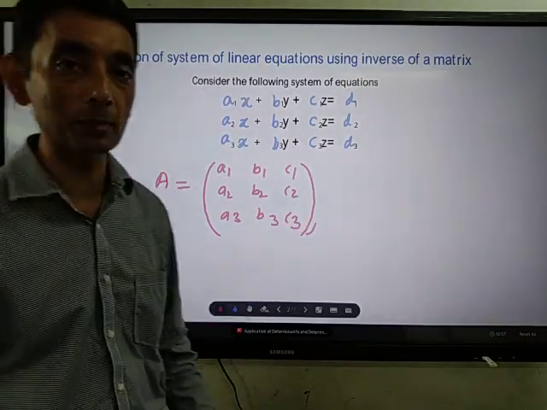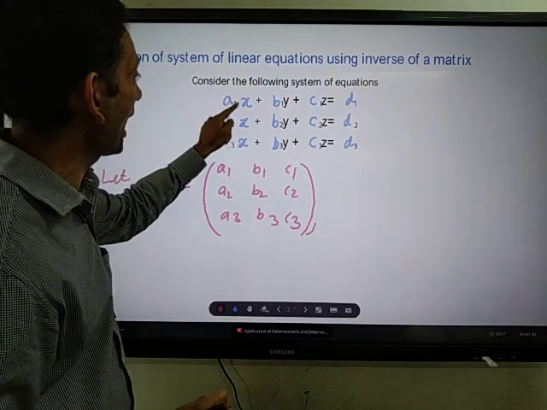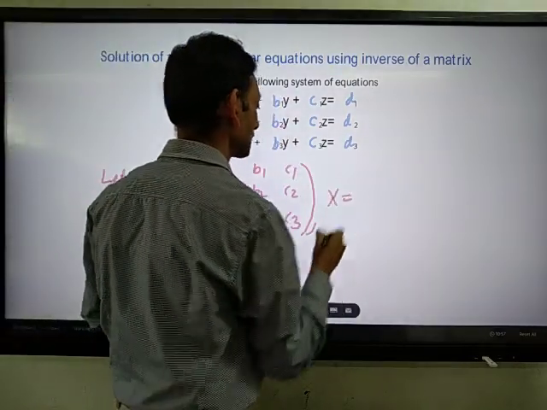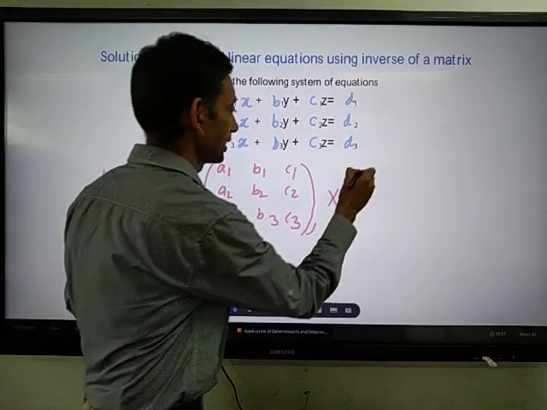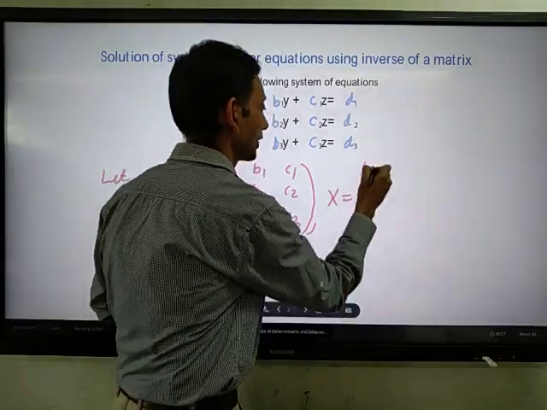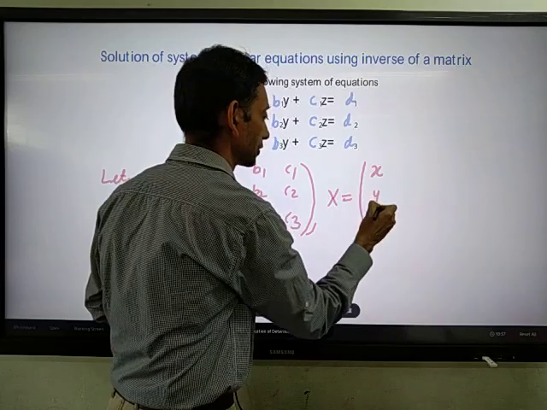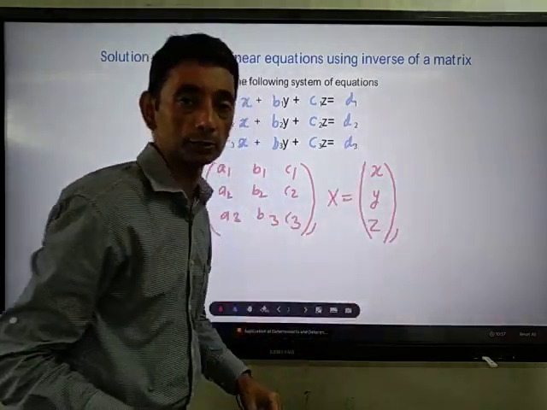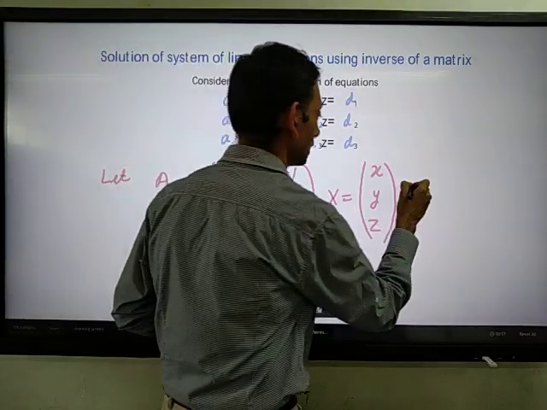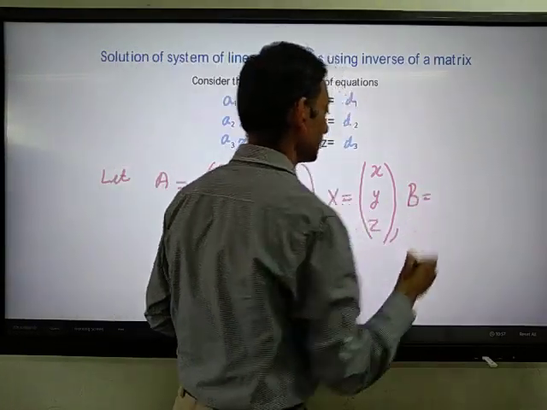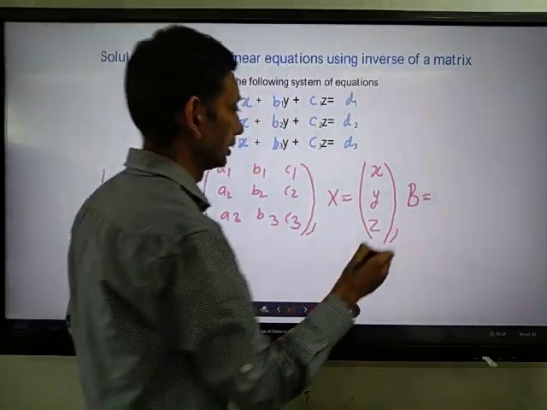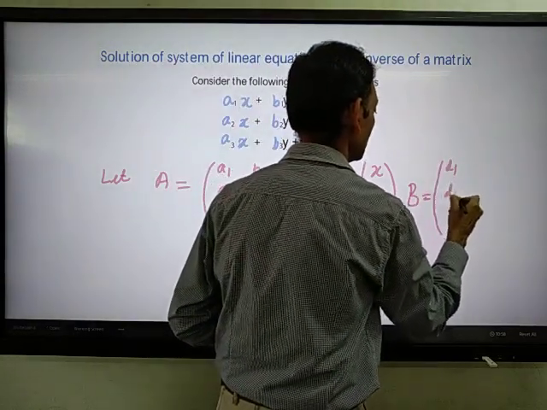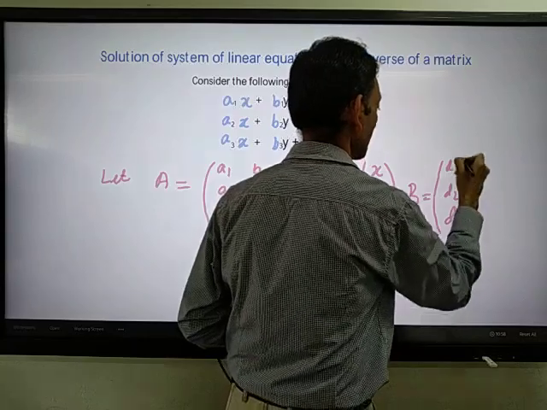What variables are being used here? The variables are x, y, z. We'll denote this by capital X, the variable matrix, which is a column matrix x, y, z. And the constants d1, d2, d3 we denote with the letter B, that is d1, d2, d3.